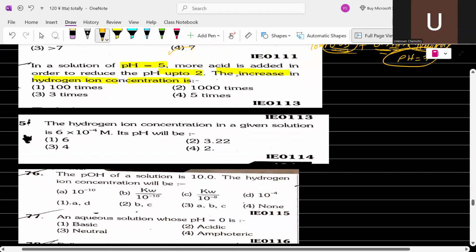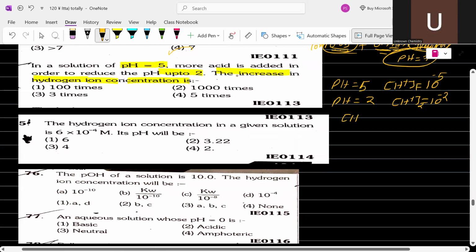So we know that when pH is 5, the H plus ion concentration is 10 to the power minus 5. And here pH has become 2, which means the concentration of H plus ion has become 10 to the power minus 2. This is H1 and this is H2.